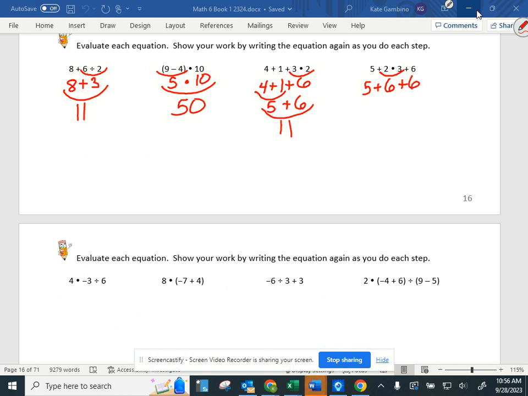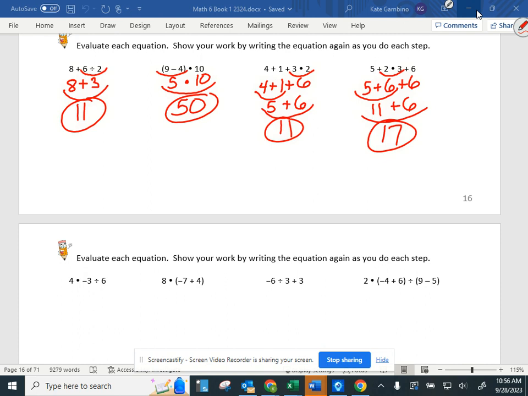And then I read from left to right because it's all adding. So 5 plus 6 is 11. And then I'm going to bring down the rest of my equation. 11 plus 6 is 17. It's always a good idea to circle your final answers so we know what your final answer is.